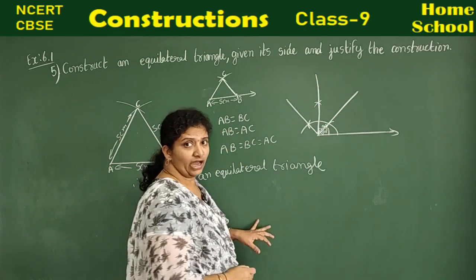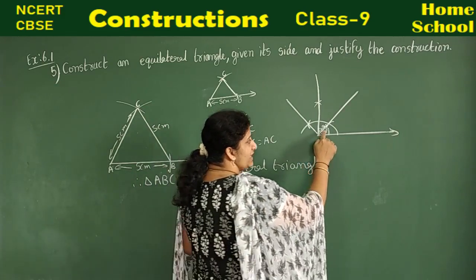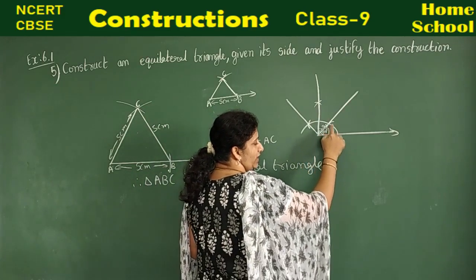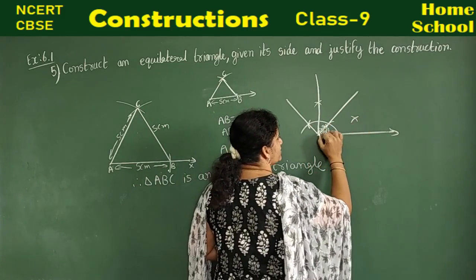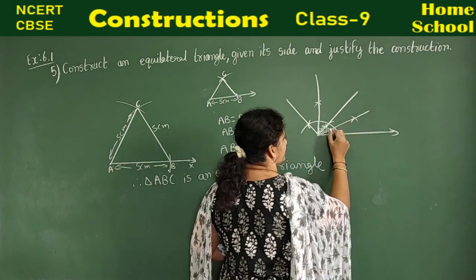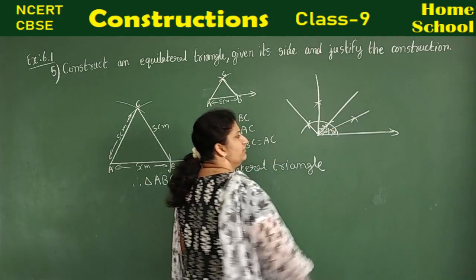If you want to draw 30, what happens? The 60-degree angle, what you have created, from here and here, more than half, draw the bisector. This is 30 degrees.